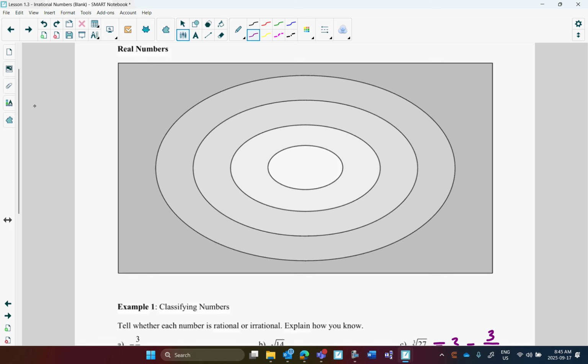All those previous number systems on the first page, we can show using a diagram. And we start with the innermost oval. This is where all the whole numbers are. Or sorry, not whole numbers, pardon me, natural numbers.